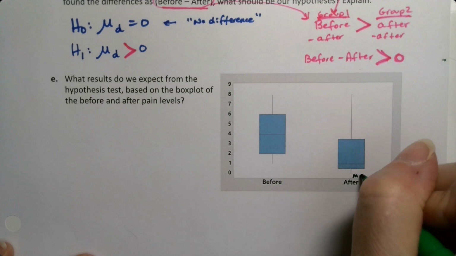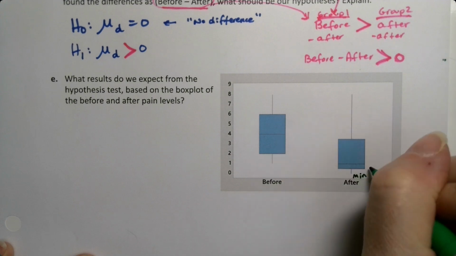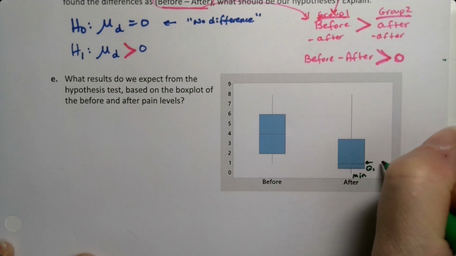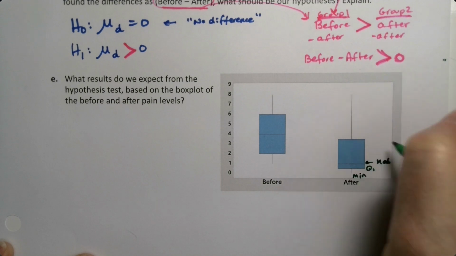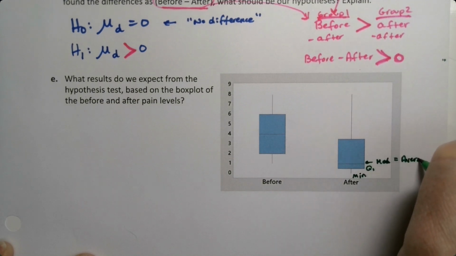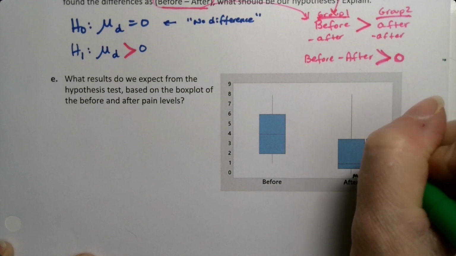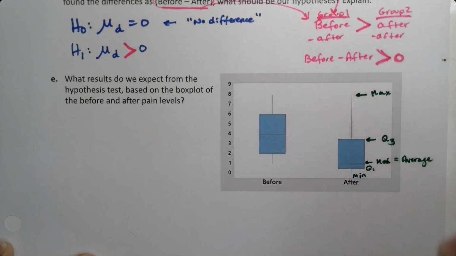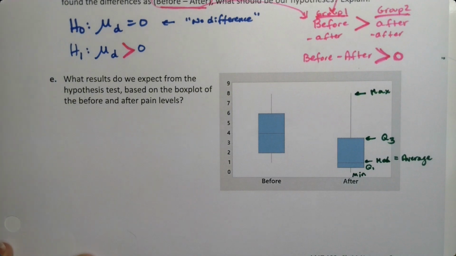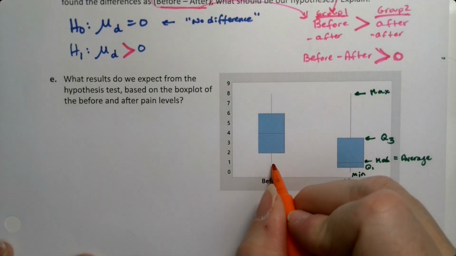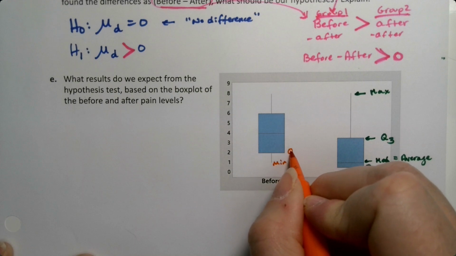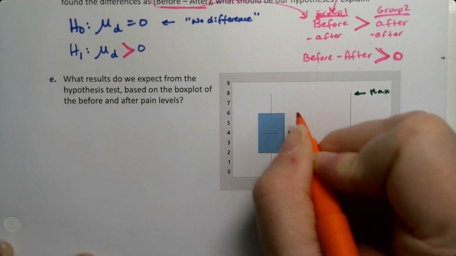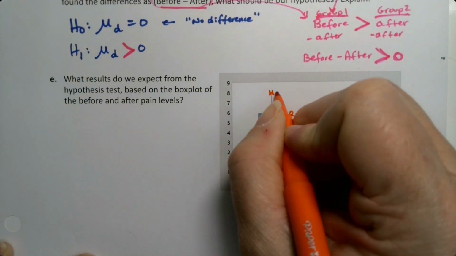This is the min. That's Q1. That's the median right there, right? The average. Median and mean are both types of averages. So this is Q3. This is the max right there. And that's different than it was for the first time because this is the min, this is Q1, this is the median, this is Q3, and this is the max.